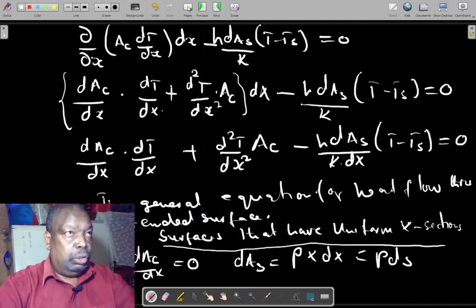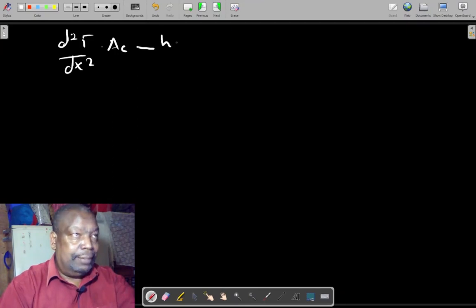So our equation reduces to d squared T by dx squared times Ac minus h.